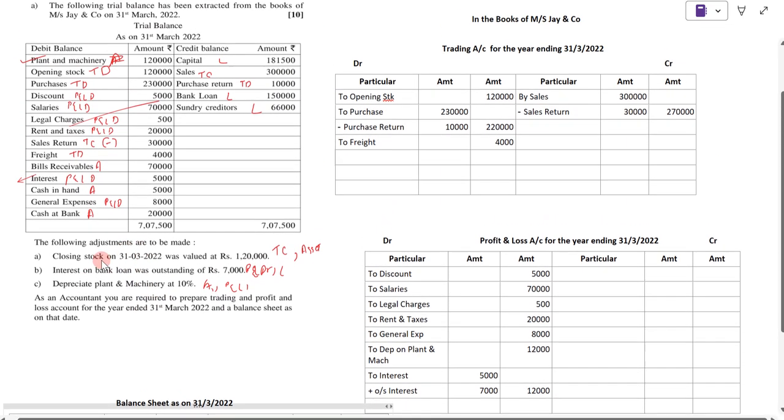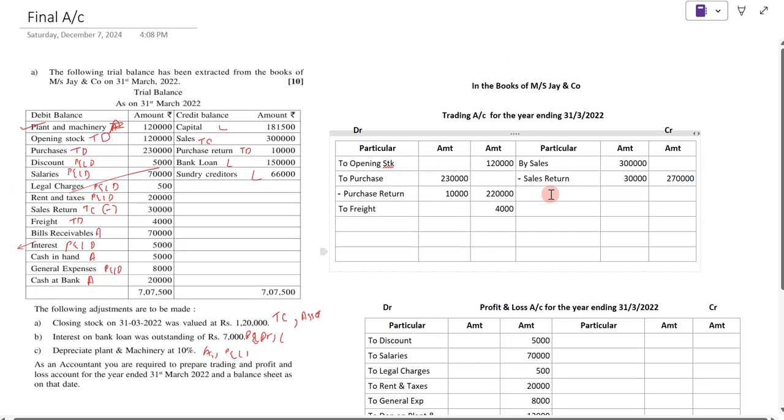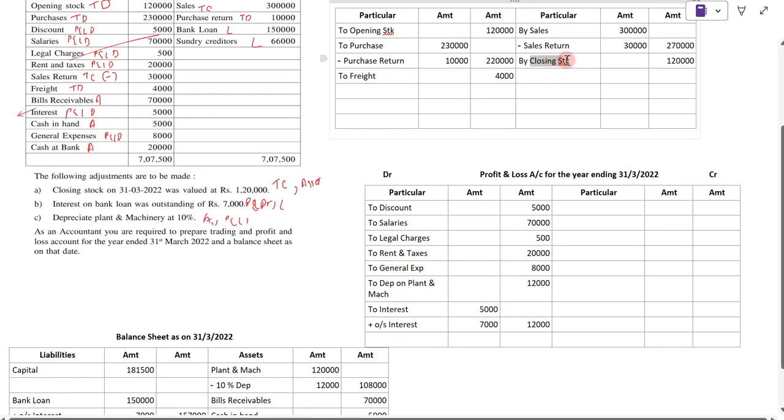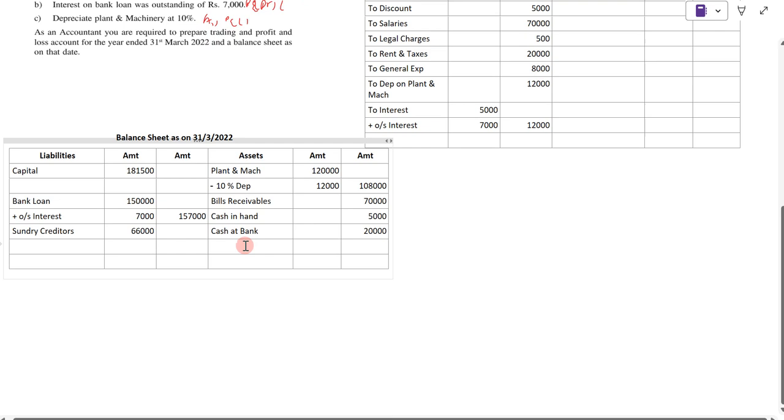Now from the adjustments, interest we have solved. Depreciation is also done. Now closing stock. So the first effect of closing stock will come in trading account credit side, that is by closing stock 1,20,000. The second effect will come in assets, 1,20,000.